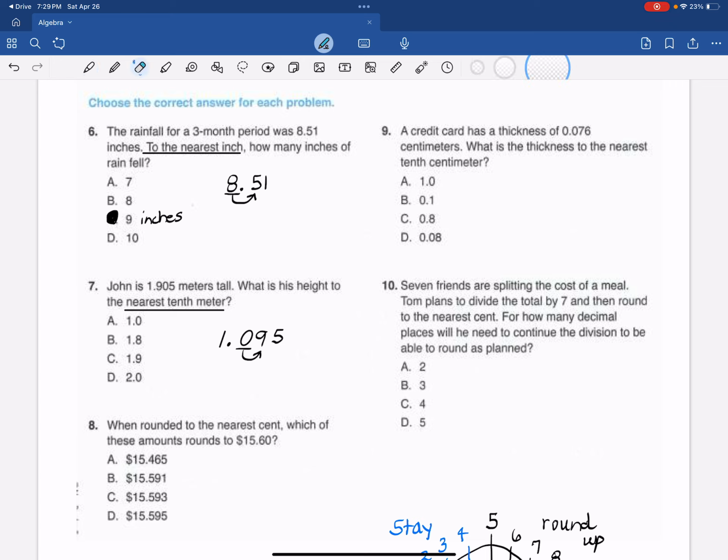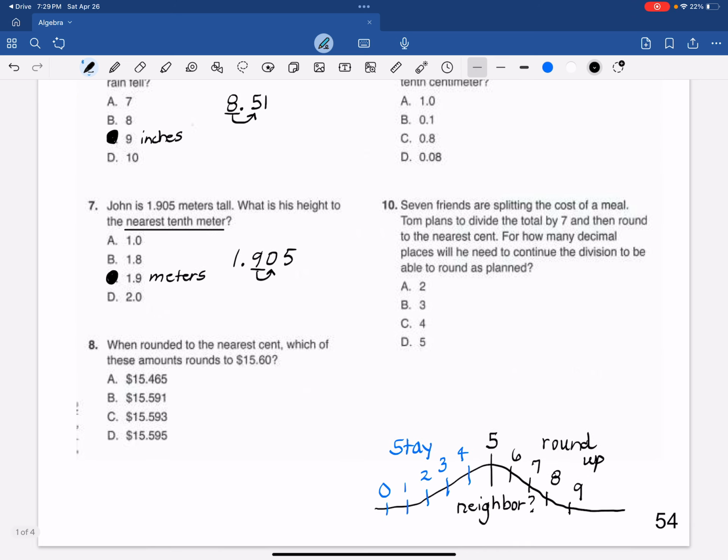Dyslexia. I wrote the number wrong. Sorry. This is a problem for me. I'm so sorry. 1.9. So he's closer to 2 meters than to 1 meter. Sorry about that.